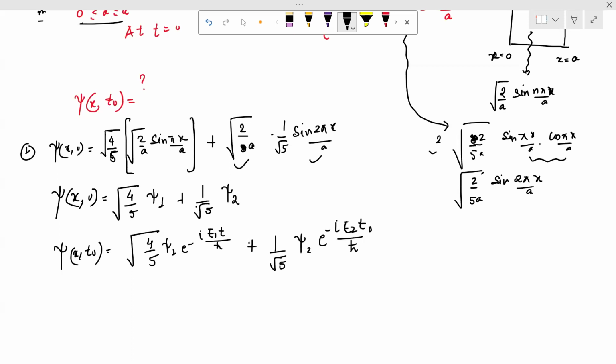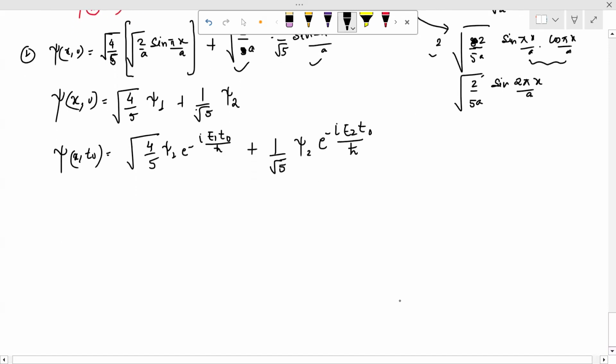So at any later time t equal to t naught, I have written t naught. Okay, so I hope it is clear till now. So this is how you can write.